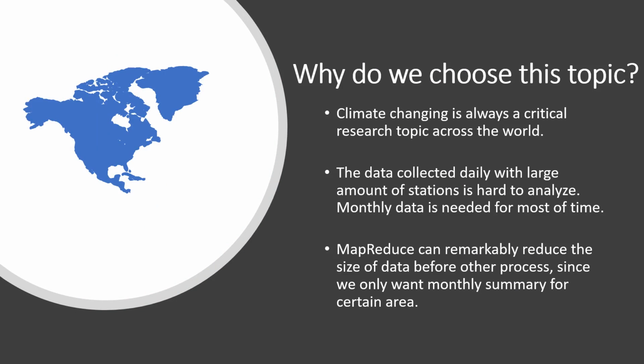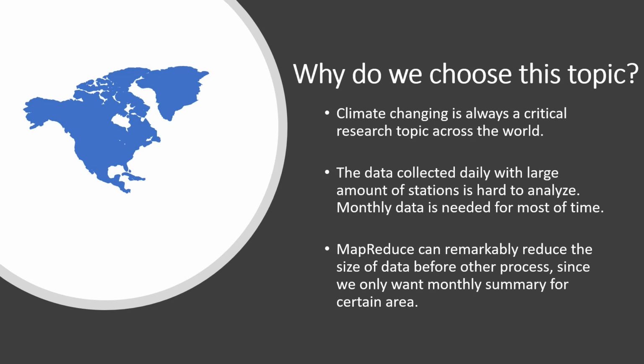Why did we choose this topic? We think climate change is always a critical research topic across the world, and there are a lot of databases built upon it. The data is collected daily from a large number of stations, and it is really hard to analyze because of the amount of data and because it's daily.